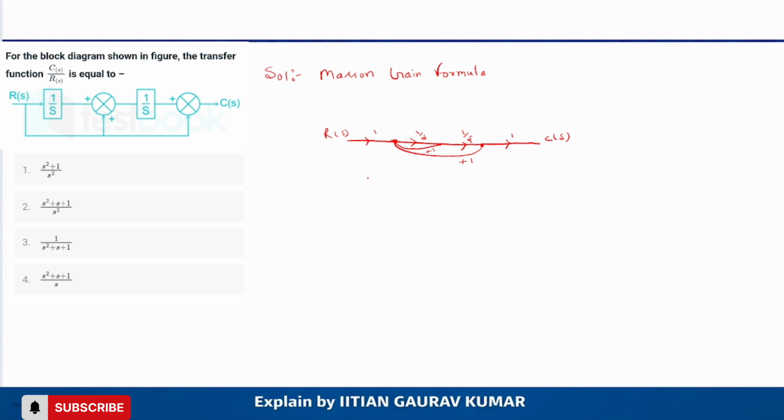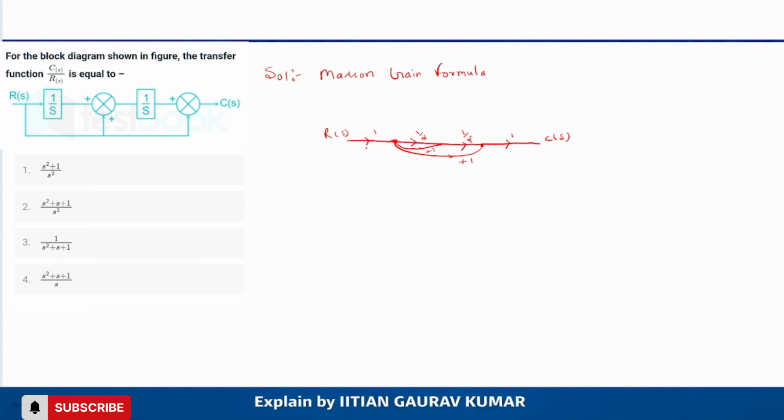Mason's gain formula says: how many forward paths are there from input to output? There is a single line from input to output, and the paths are 1, 2 and 3.